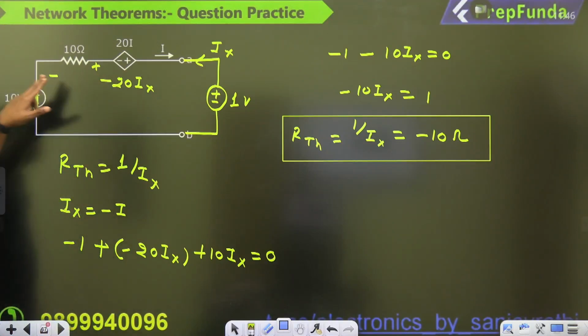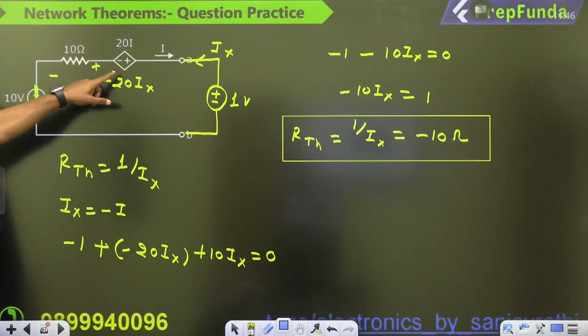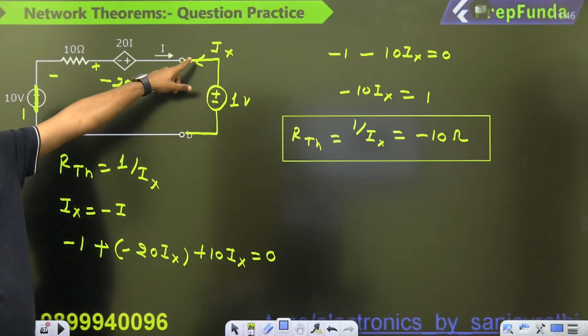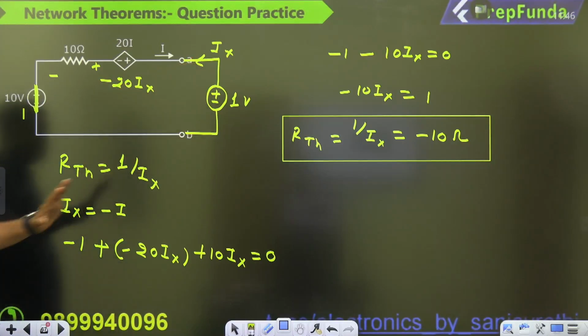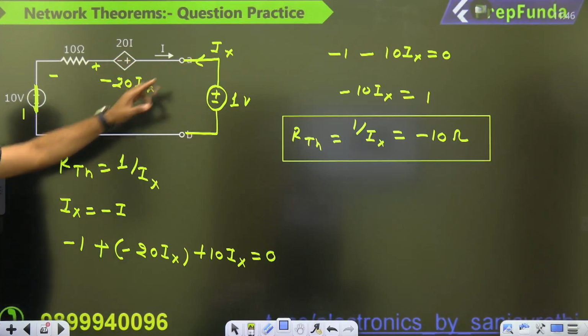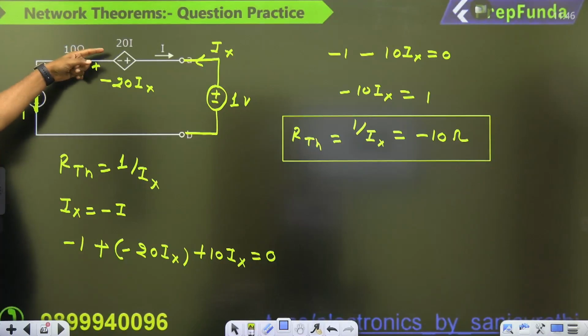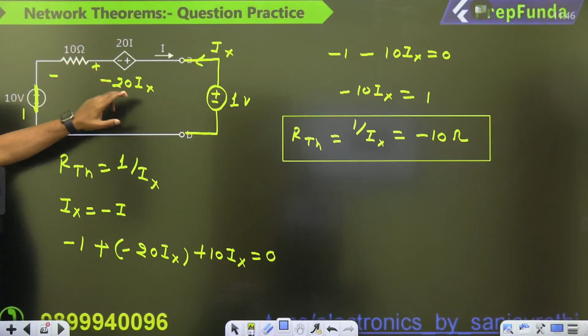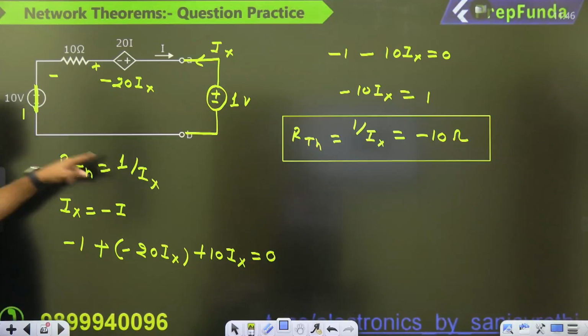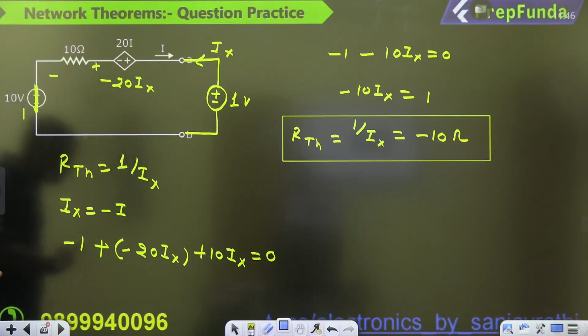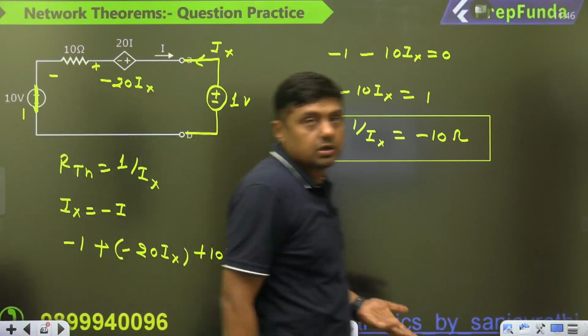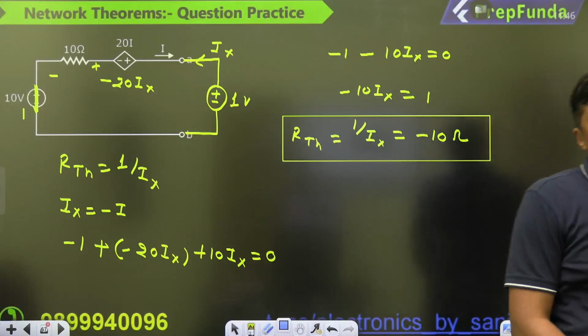Make the active independent sources short circuit, but the dependent source will be there. The 1 volt battery will give the current Ix, then RTH will become 1 by Ix. You will get the relation between I and Ix, that is minus I. Replace it: 20i is replaced by minus 20 Ix, then write down the KVL in this loop, and you will get minus 10. So RTH is negative. Yes, it is possible. RTH negative is possible, guys.